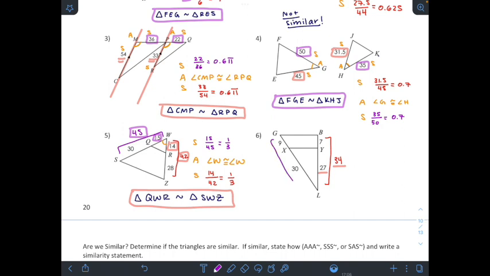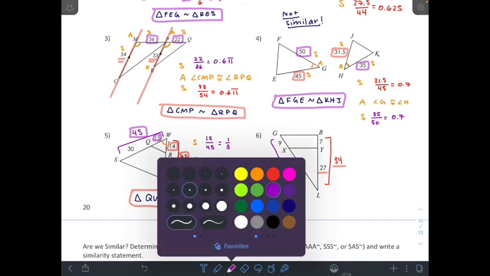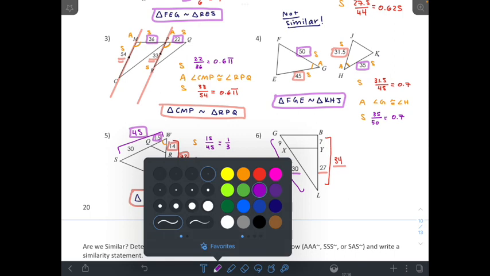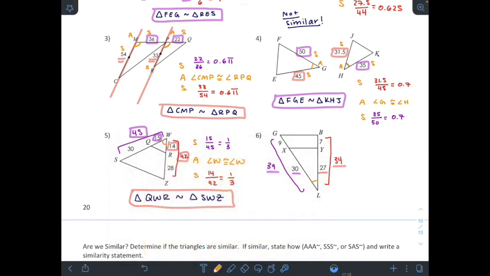I can do the same thing over here. So 39 will be able to be compared to 30. I also have an angle in common already because, again, we're going for side, angle, side, and they both have angle L. So angle L is congruent to angle L.